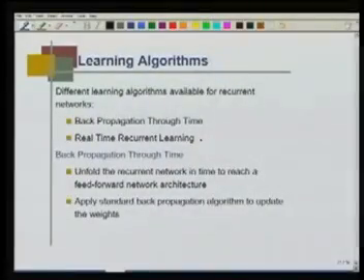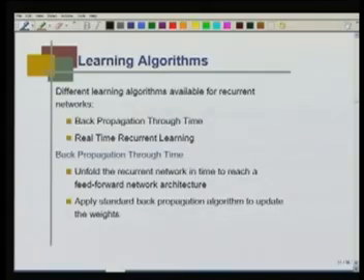The normal training algorithms that are used for recurrent network are backpropagation through time and real time recurrent learning. These two are very popular algorithms available in the literature, but there are also others like extended Kalman filtering.